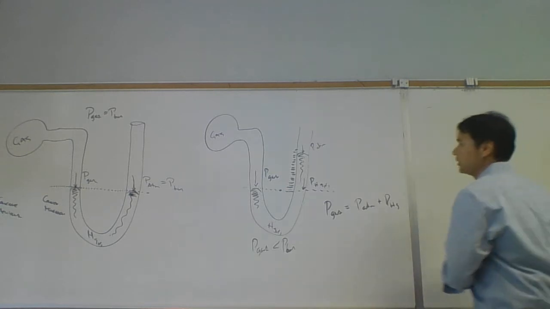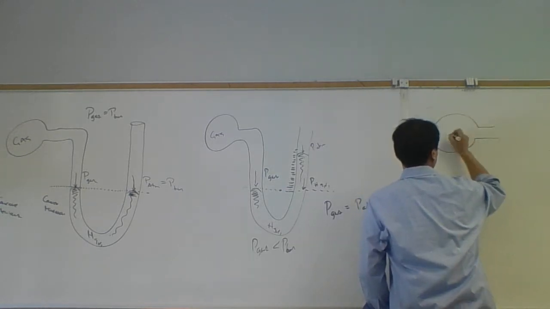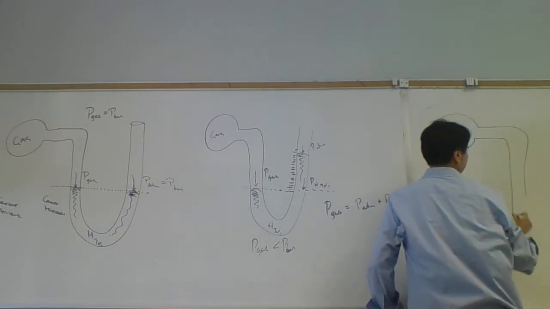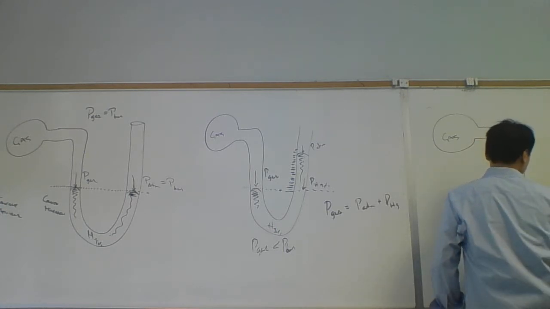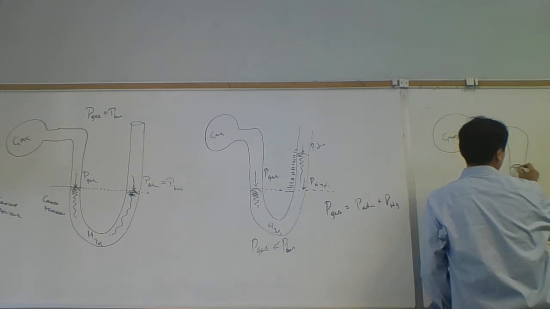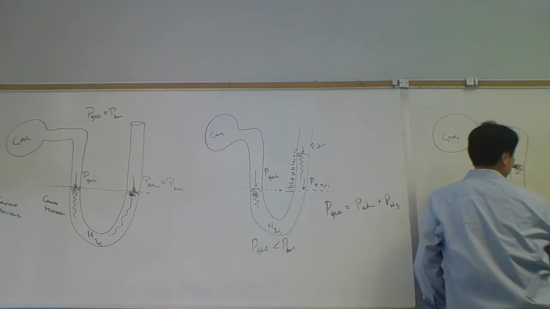Okay, the last scenario is this. Let's say the gas is lower pressure. If the gas is at a lower pressure, then we're going to see something like this, where the levels are imbalanced.